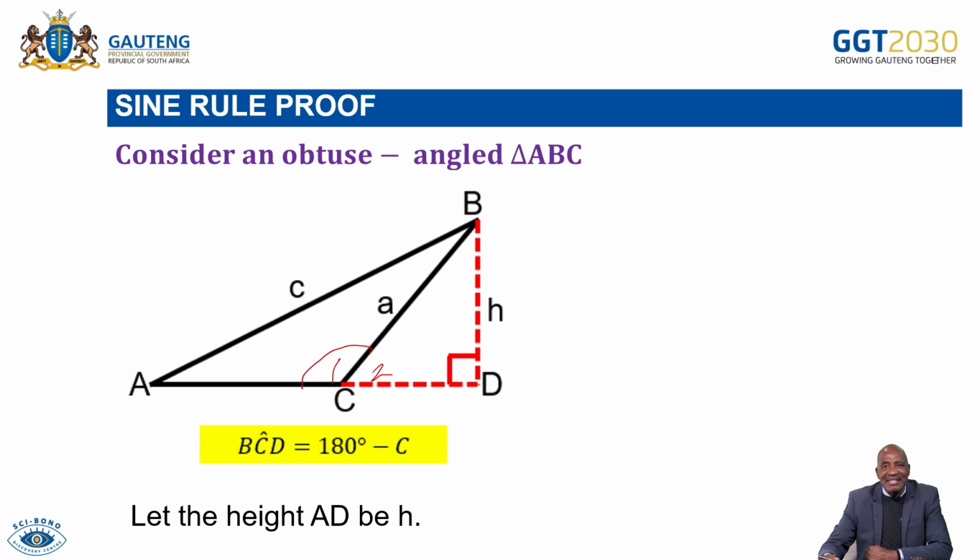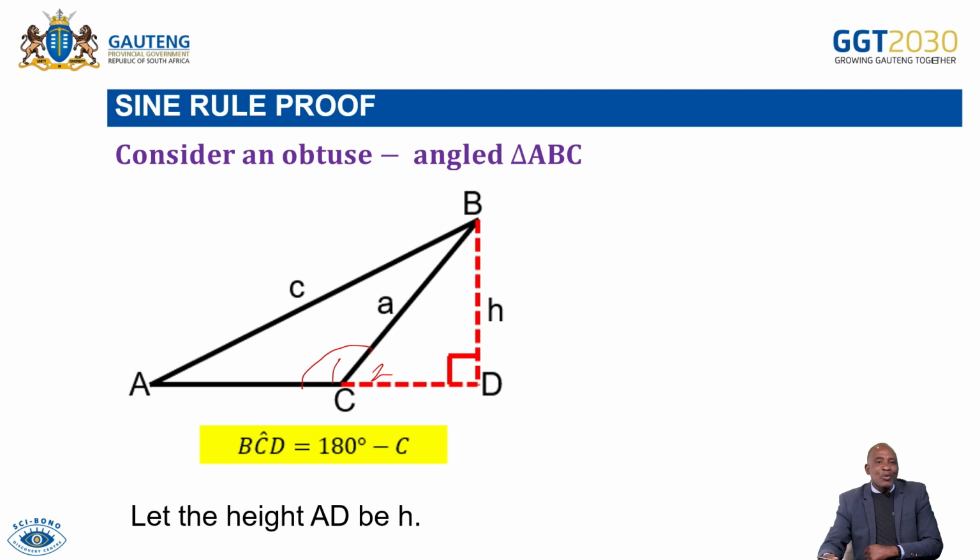Again, I'm realizing something here. Triangle ABD, including the red lines now, is a big right-angled triangle. And our triangle BCD is another right-angled triangle, which is smaller than the first triangle.